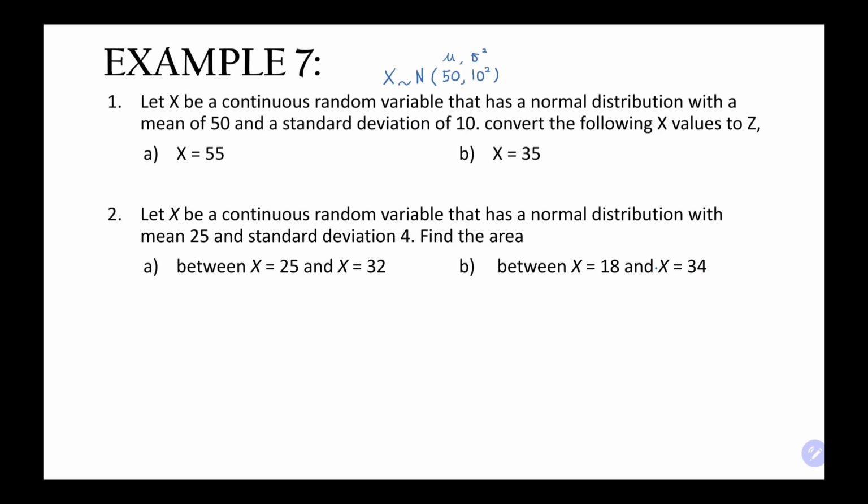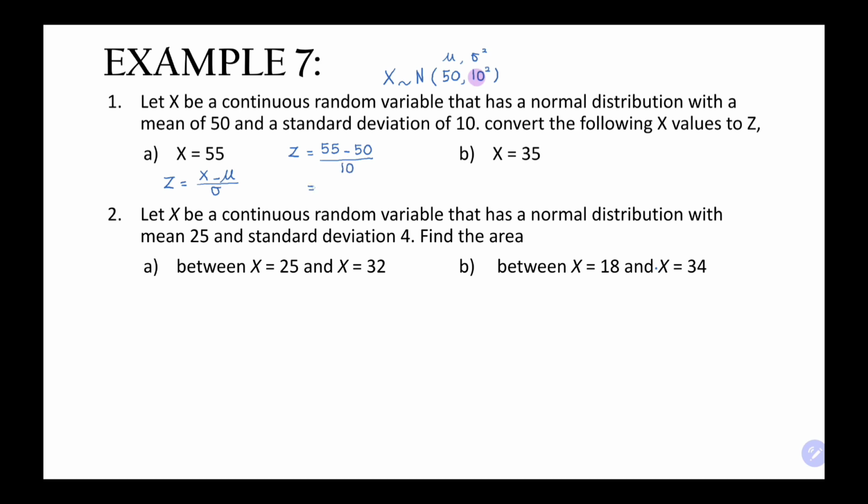Okay. Now kita nak convert X kepada Z. So ingat balik formula standardize. X minus mu, mean, divided by sigma. So Z equals to X is 55 minus mean mu is 50 divided by standard deviation, so 10.